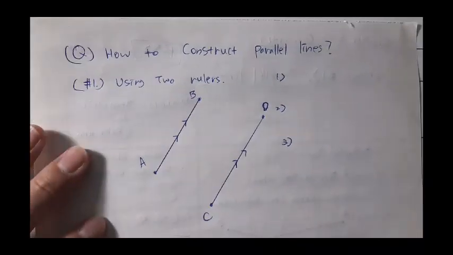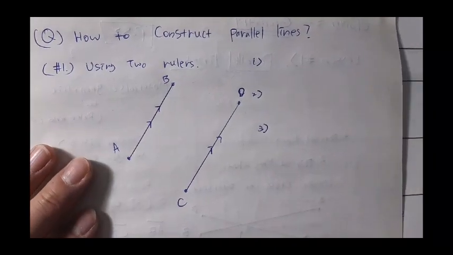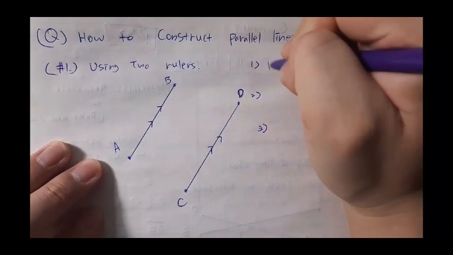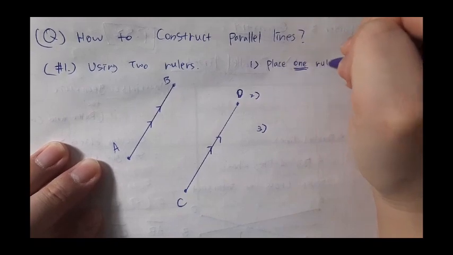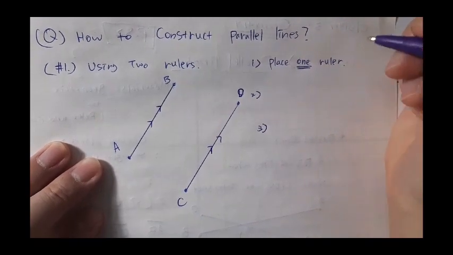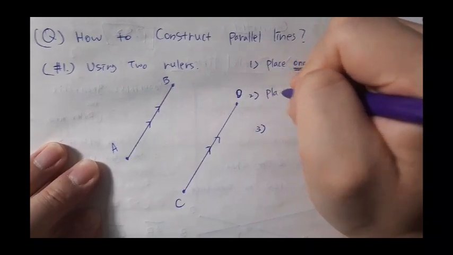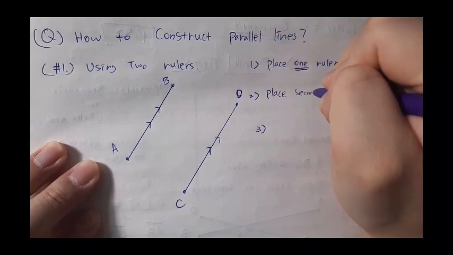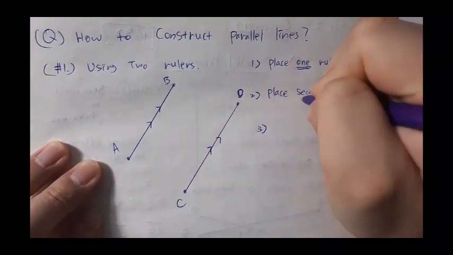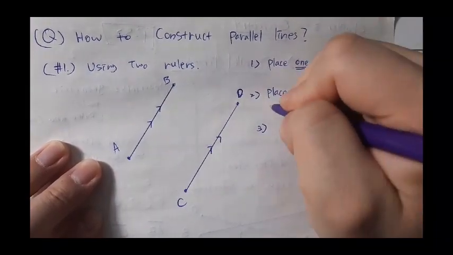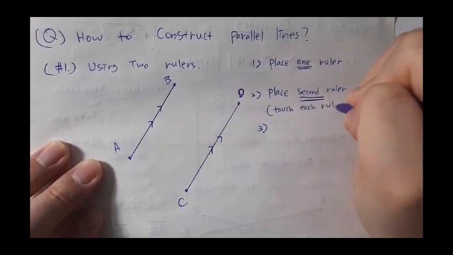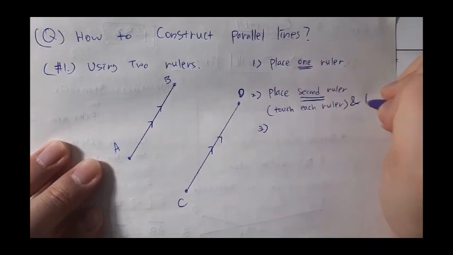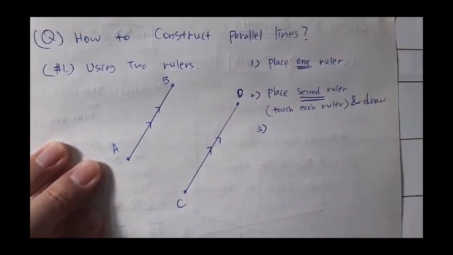So the steps, I like to put it in this way. Number 1, place one ruler. And second, place the second ruler, and you have to touch each ruler and draw a straight line.